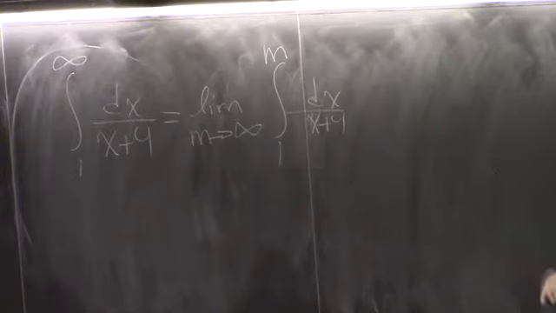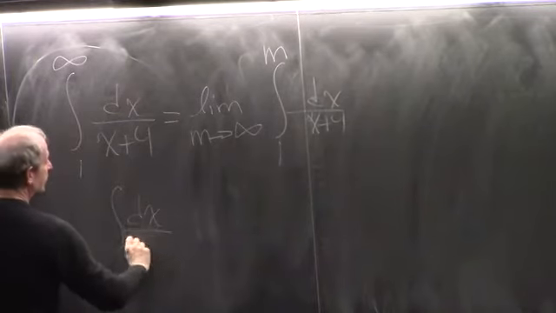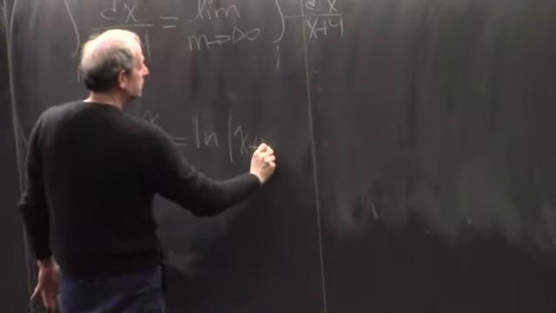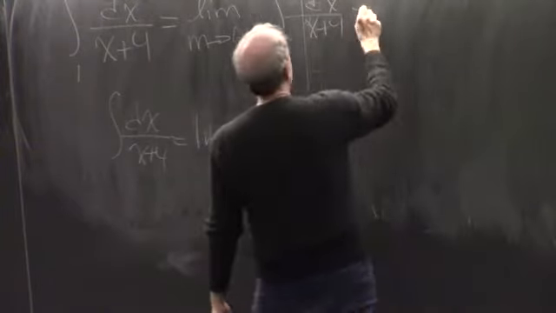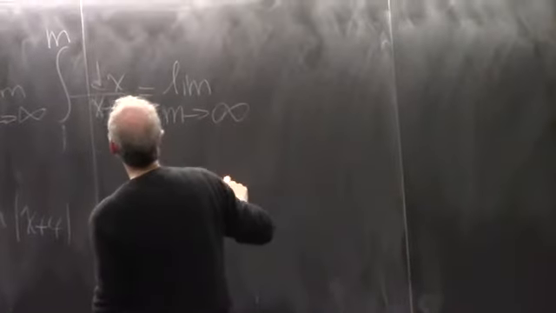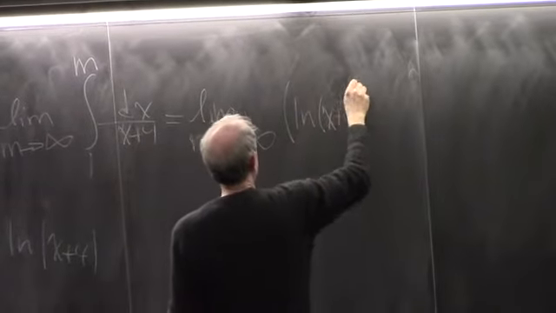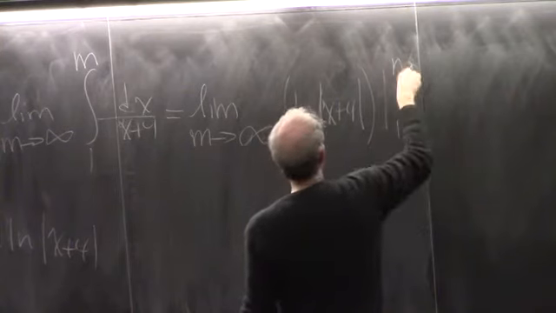So again, ignore the limit and the limits of the integral for a minute, and just do the basic integral. The integral of dx over x plus 4 is the log of x plus 4. So this is going to become the limit as m goes to infinity of ln of x plus 4 from 1 to m.